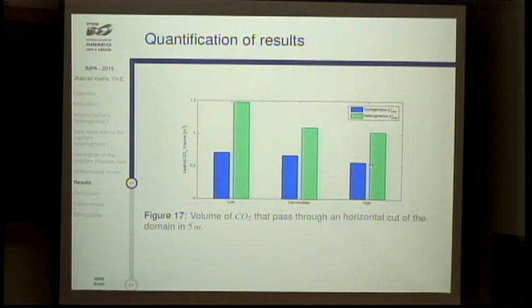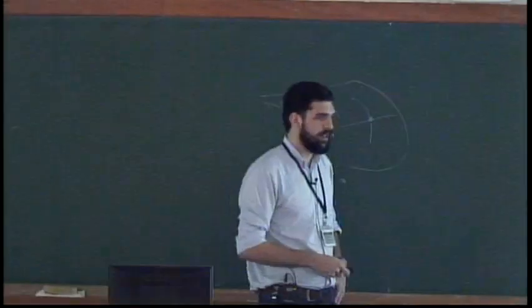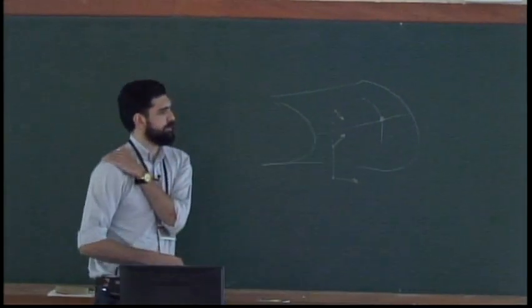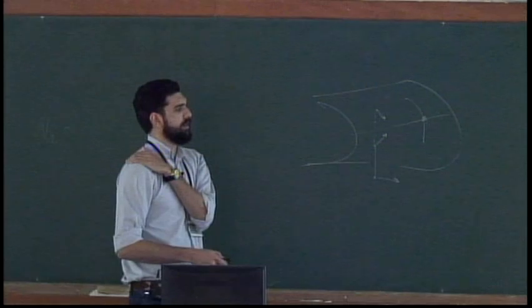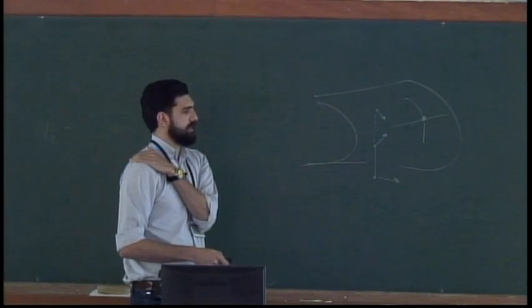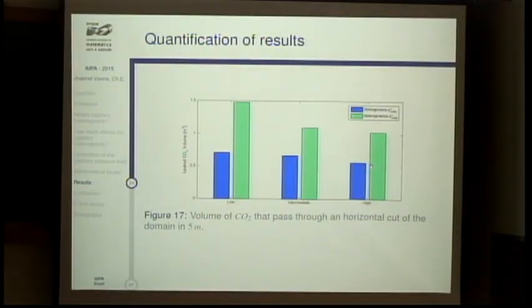But the interesting thing is that the higher amount of liquid CO2 volume corresponds to the low conductivity structures rather than the high conductivity structures, even though these have a lower permeability and a higher entry pressure.